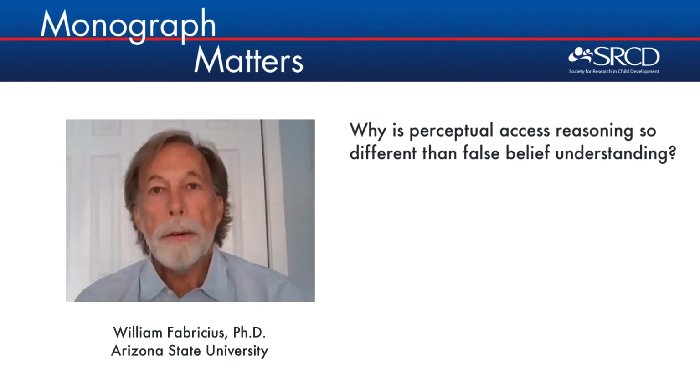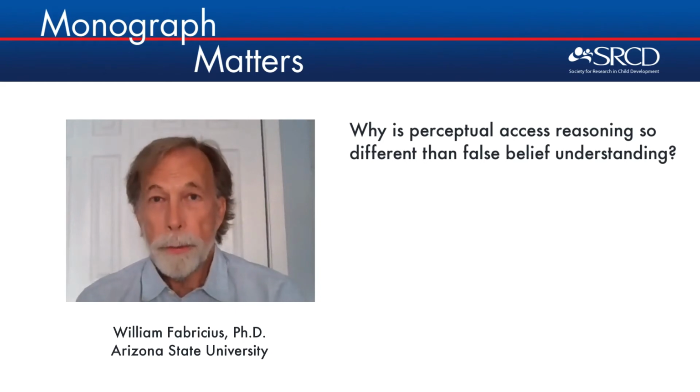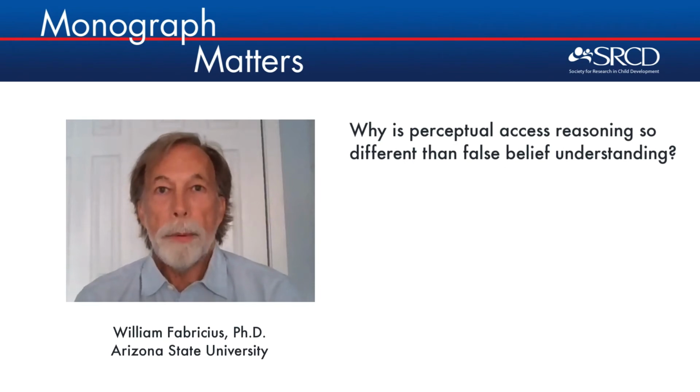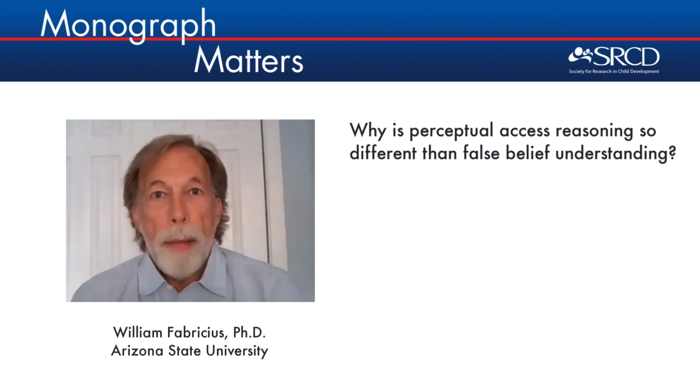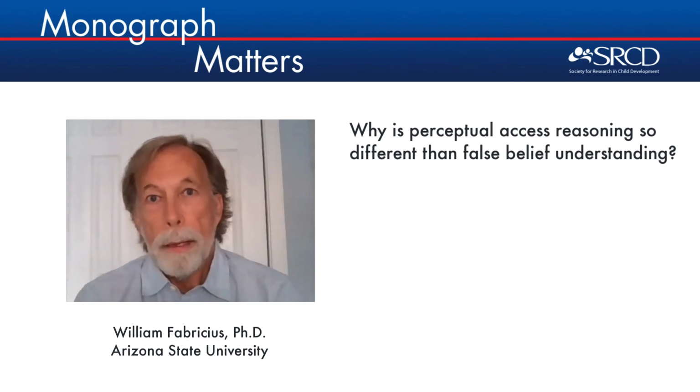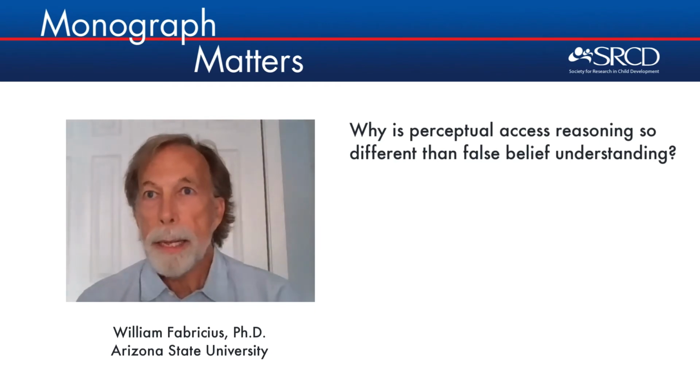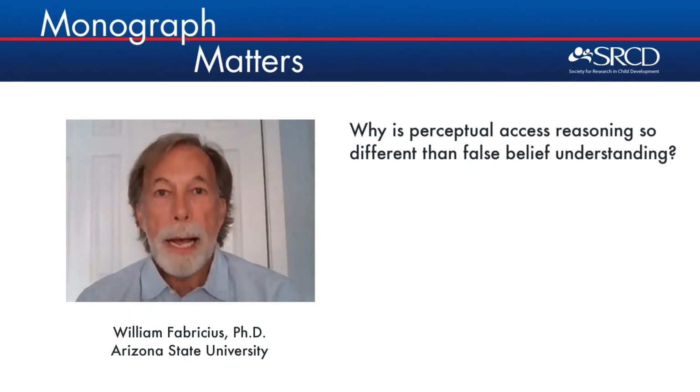So they do not understand that when Maxie returns to the kitchen, he will return with a mental representation of what happened before. You can call that a memory. They don't understand that Maxie would return with a memory of where he put it. Another way of saying it is that they don't understand that Maxie will return with a belief that is now outdated and false because the situation has changed.